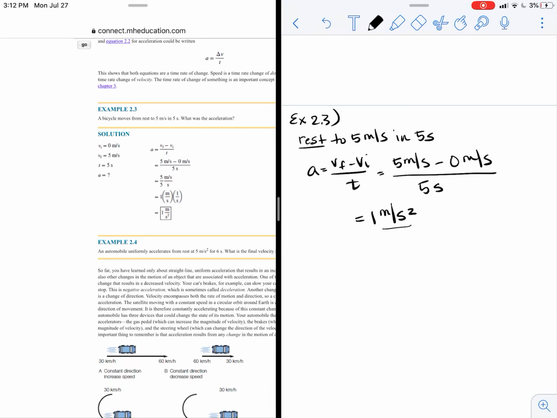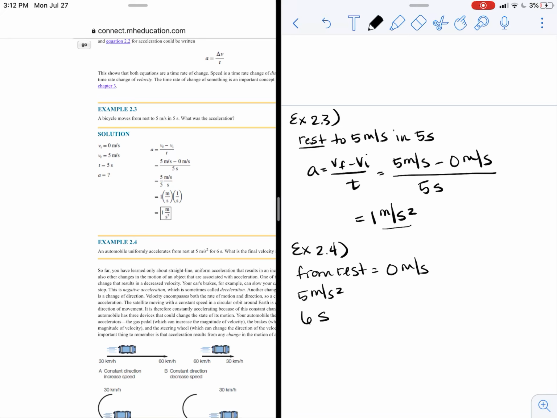All right, so now let's look at example 2.4 really quick. So this is a good example because it kind of makes you think about it a little bit different. It says that an automobile uniformly accelerates from rest, so you've got that rest again, which basically just means 0 meters per second, at 5 meters per second squared for 6 seconds.